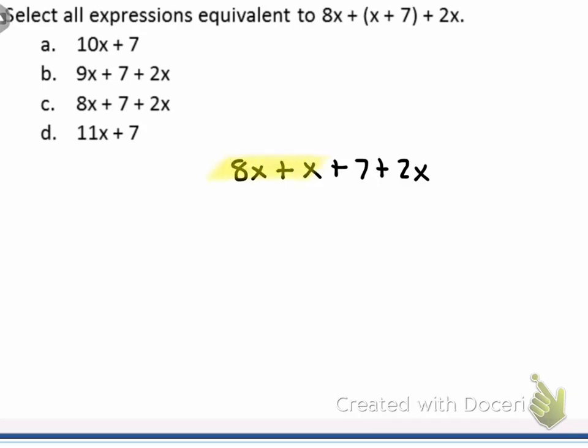So 8x, and remember there's a 1 in front of this x here. So don't get confused there. Plus 2x. And then I have my lone number right there. So 8 plus 1 is 9x plus 7 plus 2x.